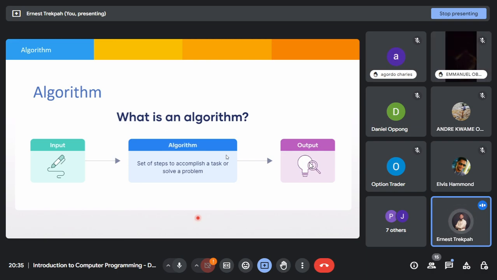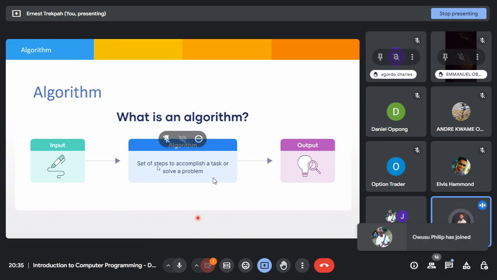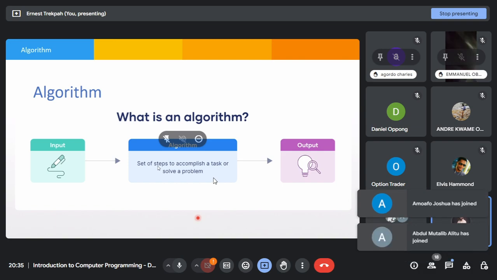We are going to say that an algorithm is basically a set of steps outlined to accomplish a task or solve a problem. They are basically a series of steps, normally we say logical steps, that are used to solve a problem or accomplish a given task. That is basically what an algorithm is.